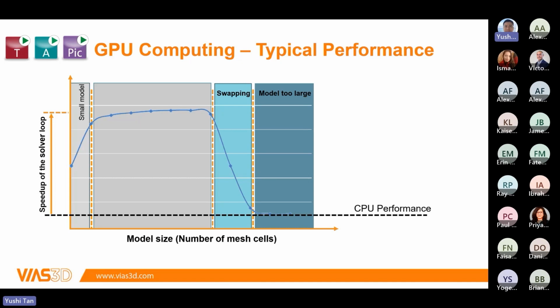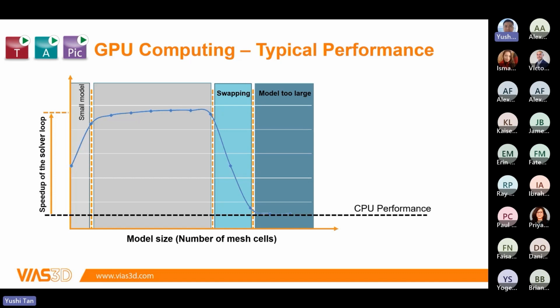As a very rough rule of thumb, we would expect each gigabyte of GPU RAM to be able to solve around 8 million mesh cells. Just use that as a guide. We don't want to exceed the amount of GPU RAM. So 32 gigs of RAM allows you to solve around 32 times 8 million mesh cells.